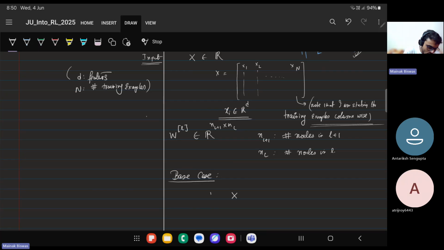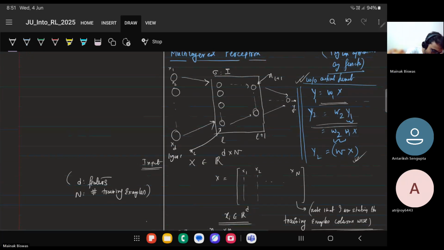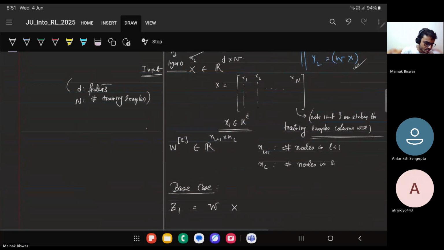So tell me what would be W, first W. Say this is layer 0, layer 1. What would be the dimensionality for the first W? N2 plus N1.